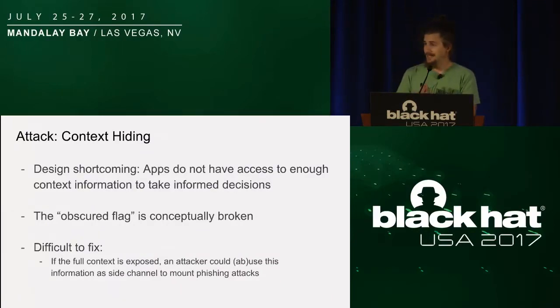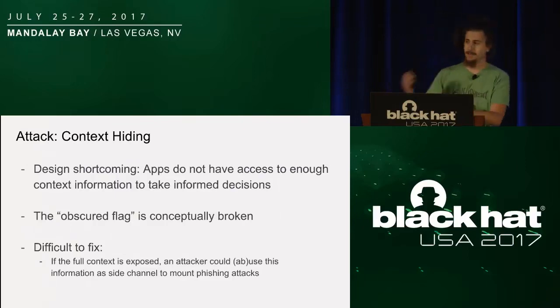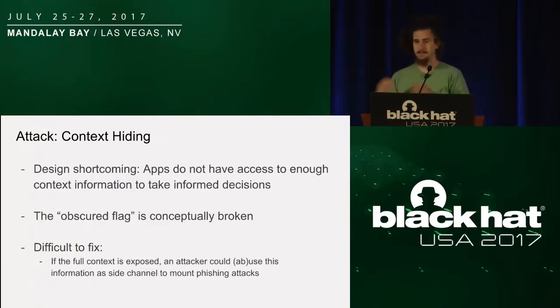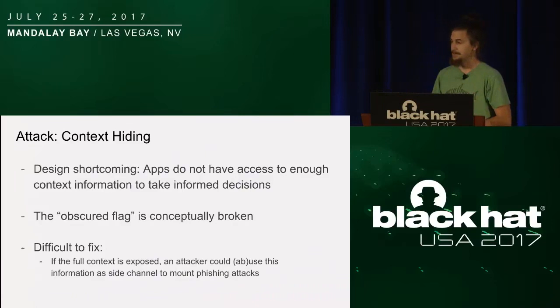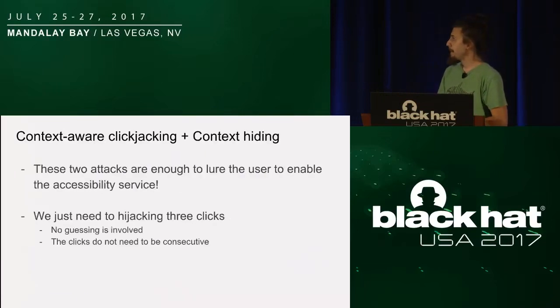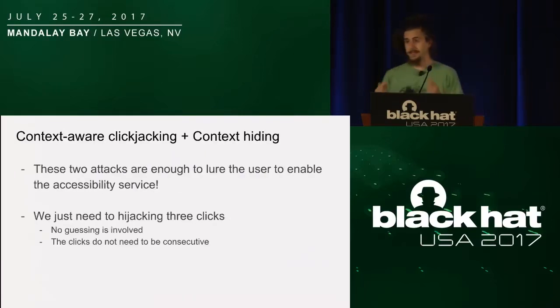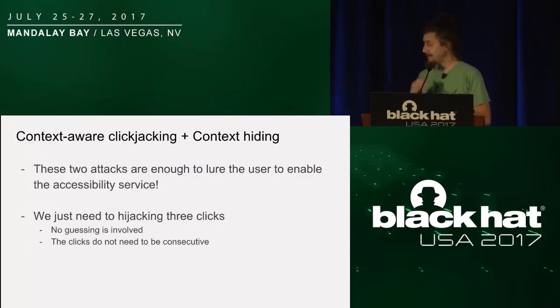Because if too much context is exposed, a malicious application can actually use it to mount different kinds of attacks, like phishing and things like this. And if you have the entire context and know exactly what's running on top, you can now do state inference attacks and things like this. So, not easy.